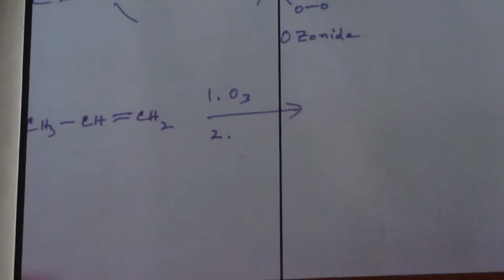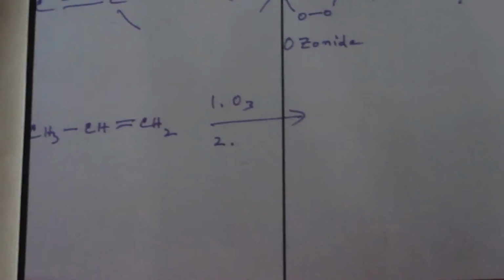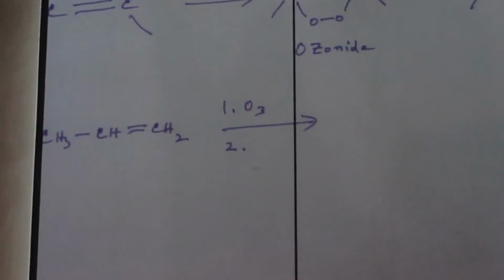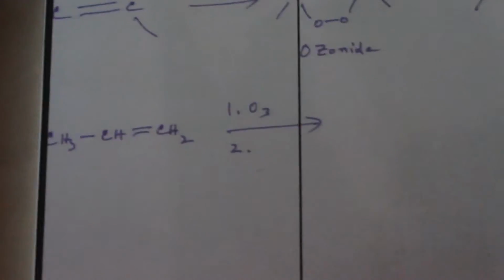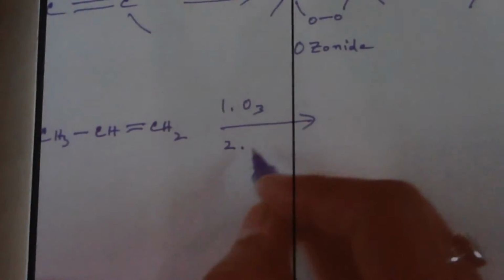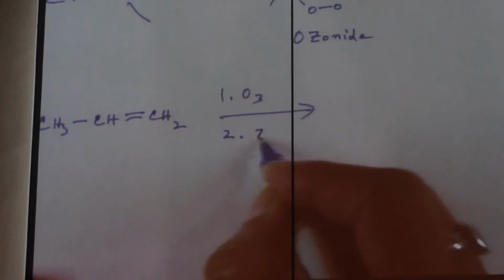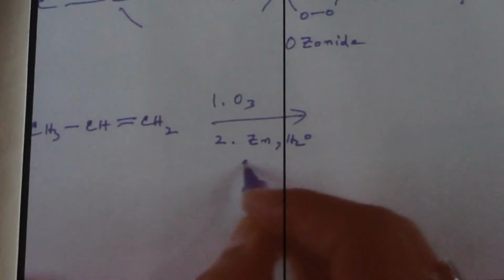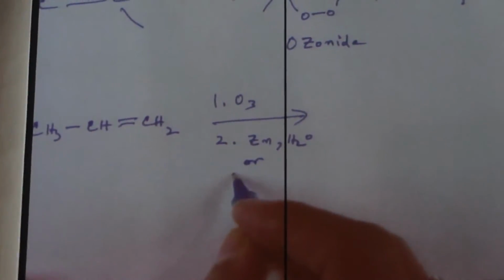In the second step, you actually need a reducing agent because it generates hydrogen peroxide, and that would oxidize the molecule further, and therefore you need to destroy the hydrogen peroxide. Usually zinc is used, zinc with water, or dimethyl sulfide.